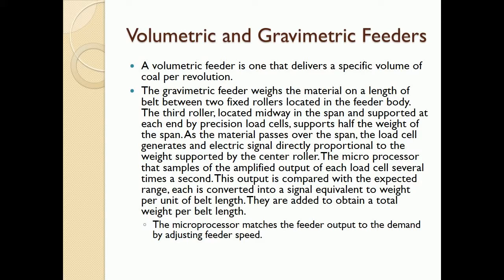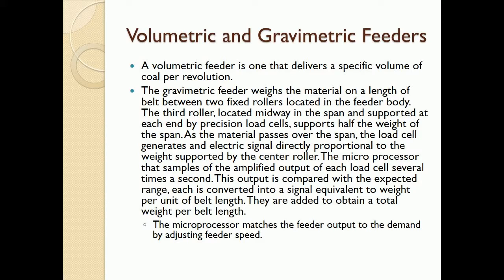The microprocessor samples the amplified output of each load cell several times a second. This output is compared with the expected range. Each is converted into a signal equivalent to weight per unit of belt length. They are added to obtain a total weight per belt length.